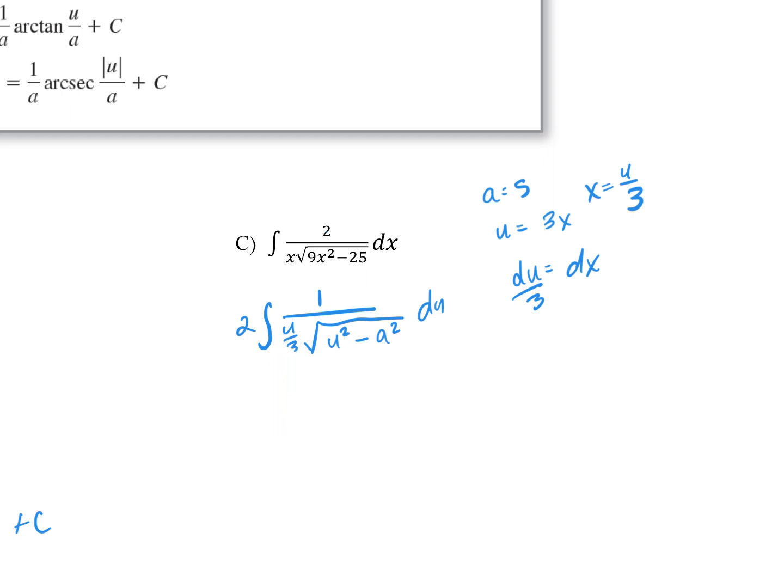So I'm saying 1 divided by u over 3 equals 3 over u. Isn't that the same thing as saying 3 over u times 1 over the square root of u squared minus a squared du? Oh, yeah. Yes, because the du is over 3.